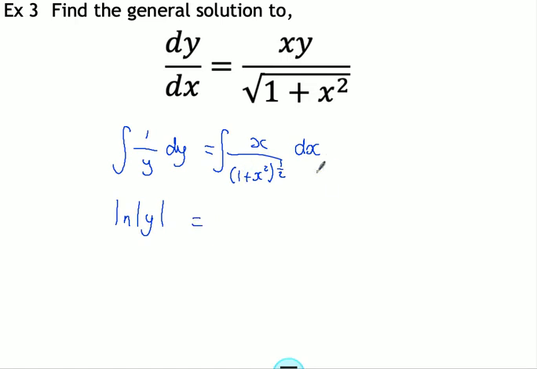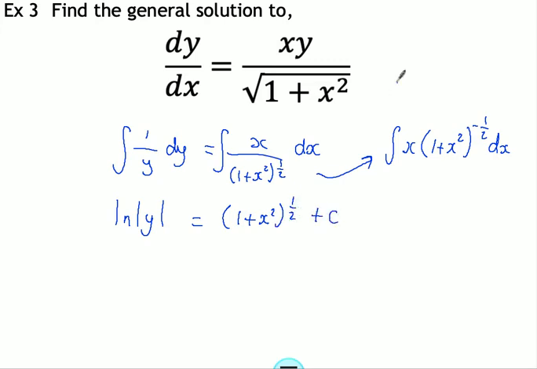This side, okay, I'm going to have to do a little bit of work here. So I'm going to rewrite this initially as that. And then hopefully we can see that actually when we differentiate this, we get this. So using that reverse chain rule idea, what we end up with is 1 plus x squared to the power of a half plus c, if I was using the reverse chain rule.